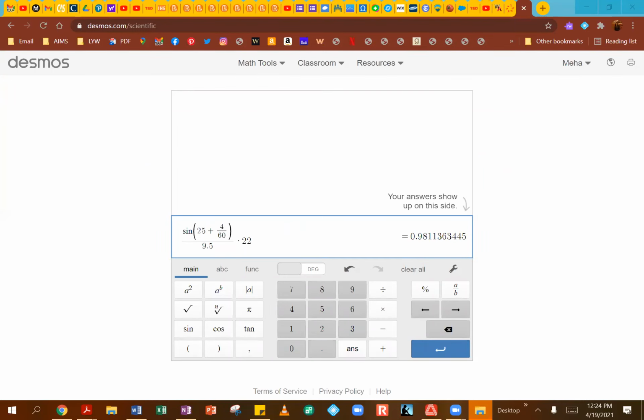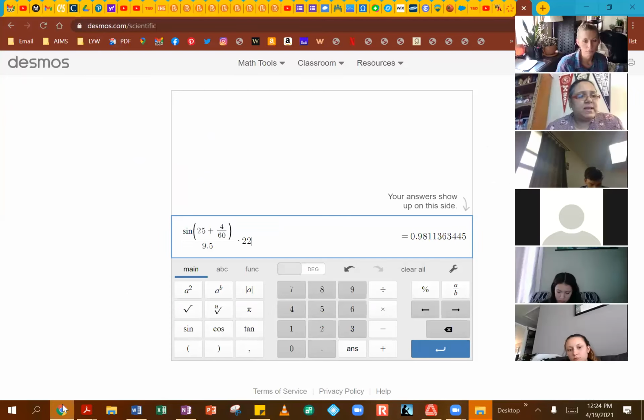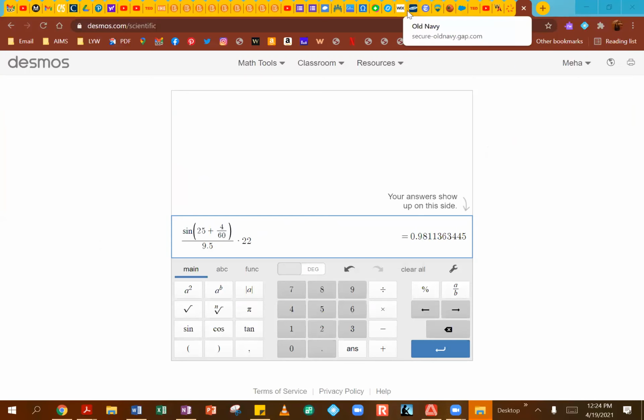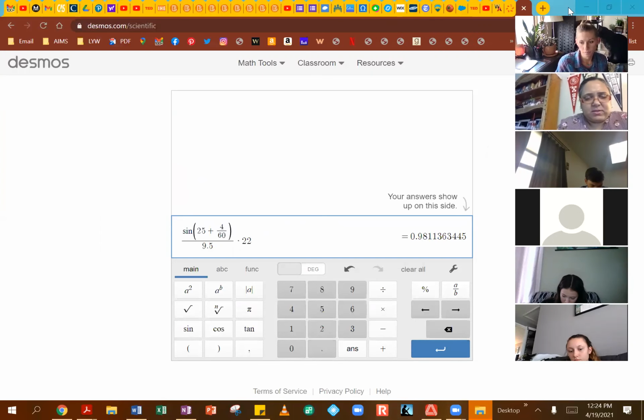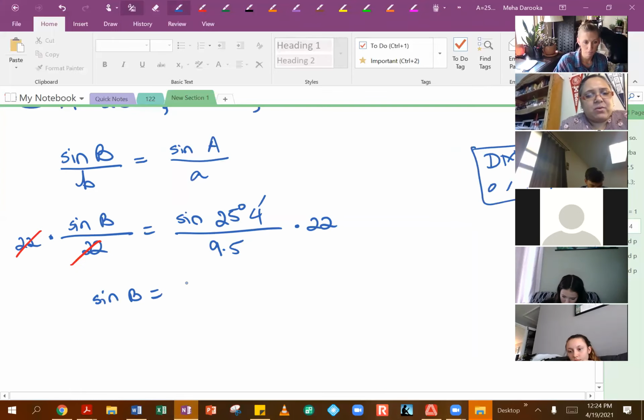So did you guys get to this answer here? 0.9811, whatever that number is coming out to be. Yes. Okay, so now, like we did before, this is where you will end up doing that sine inverse to find the angle B itself.